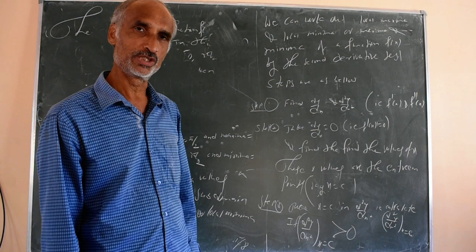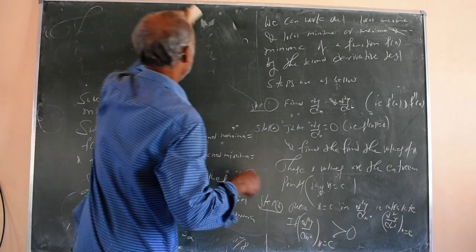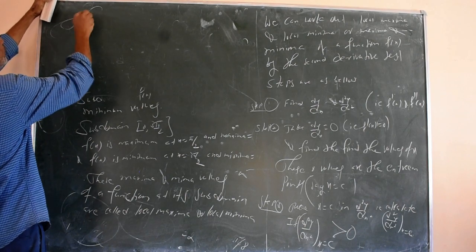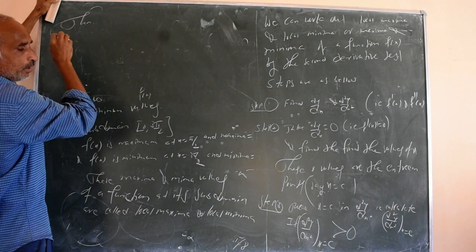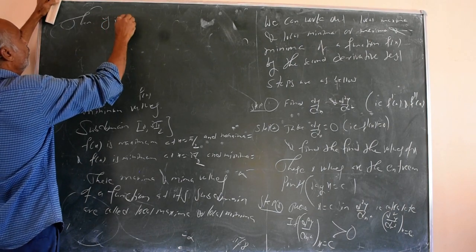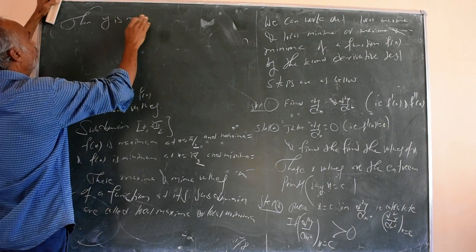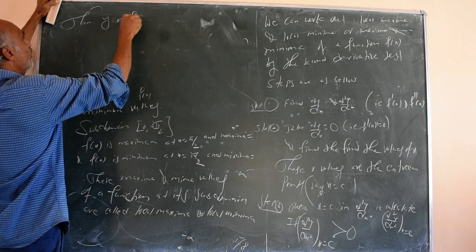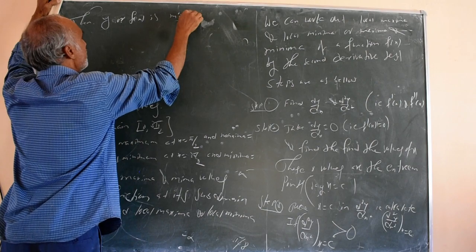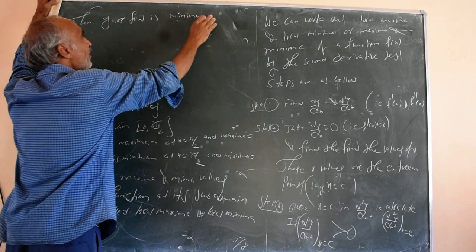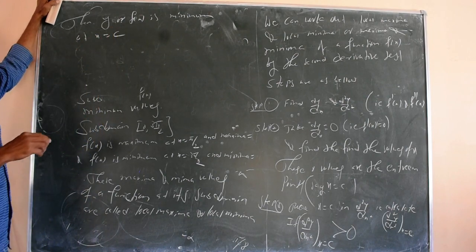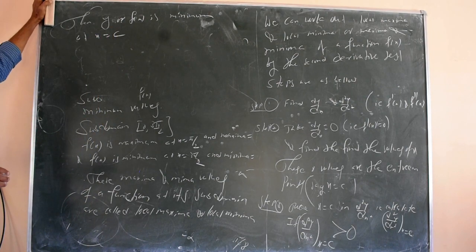Then y or f of x is minimum. You can call the function as either y or f of x. At x is equal to c, x is equal to c is the point of minimum.